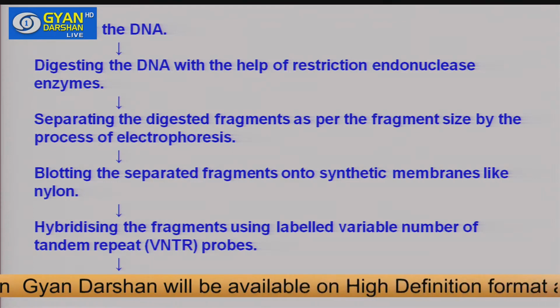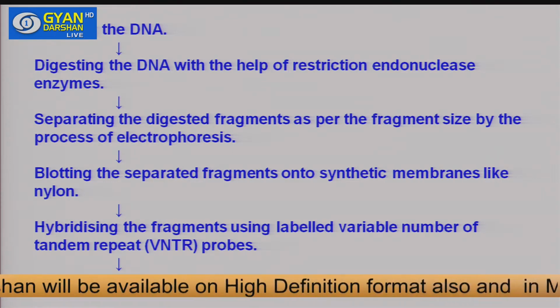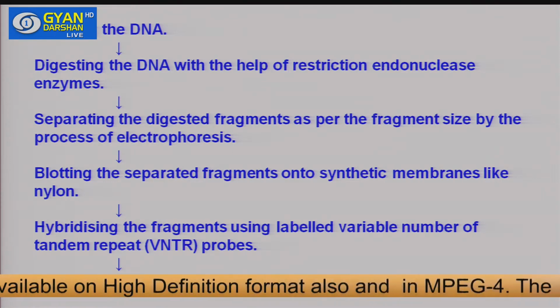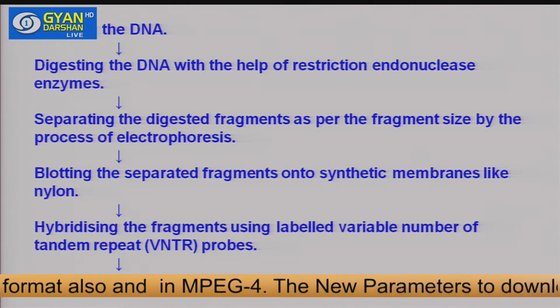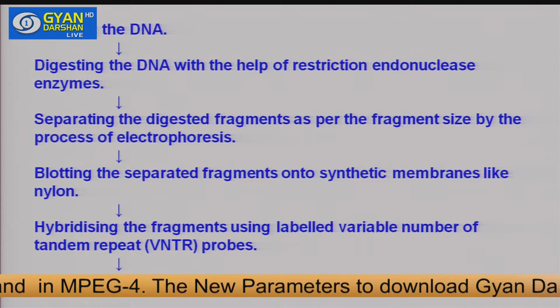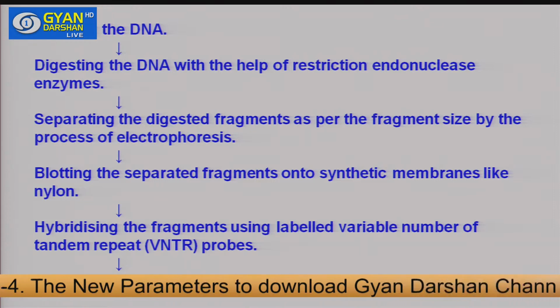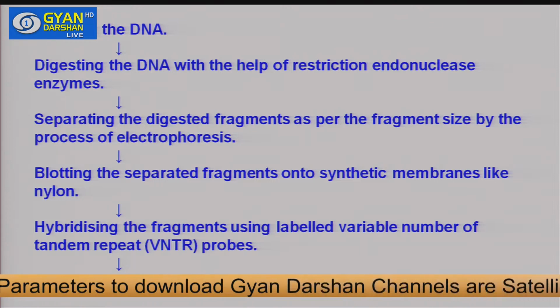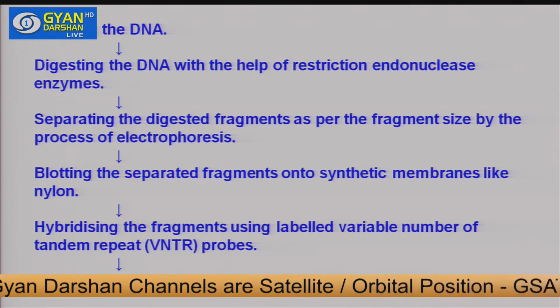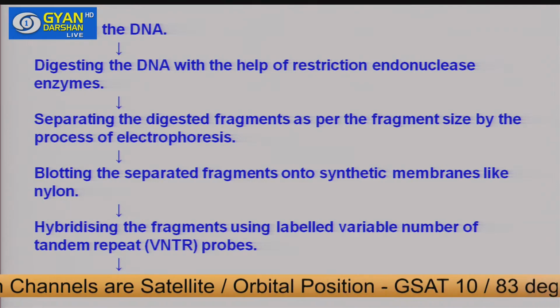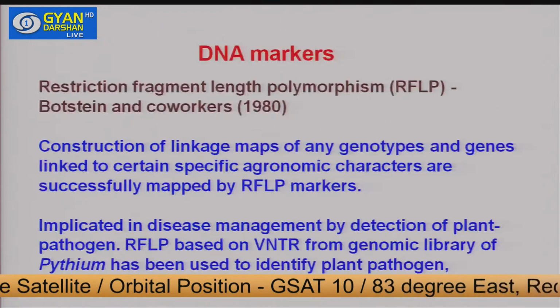These are called VNTR, that is, variable number of tandem repeats. You use these VNTR probes for binding, then develop the blot through autoradiography, and go for the analysis of the hybrid fragments. So you see it has similarity with Southern blotting. The only difference is the choice of the probe, which is different in this case.